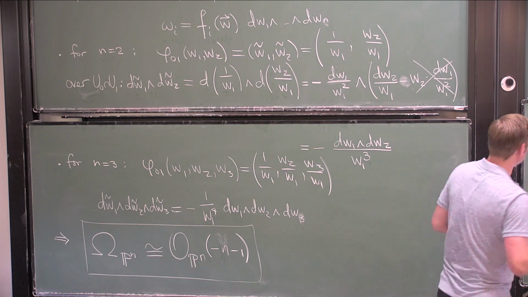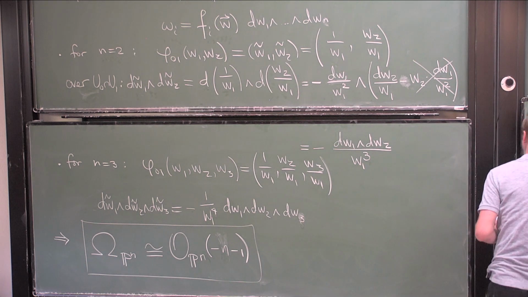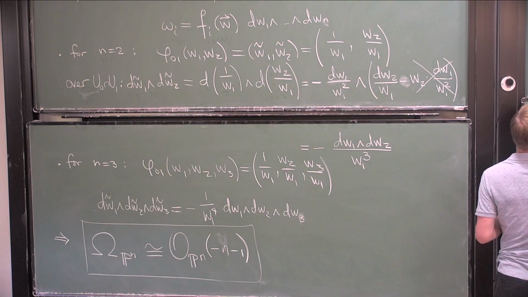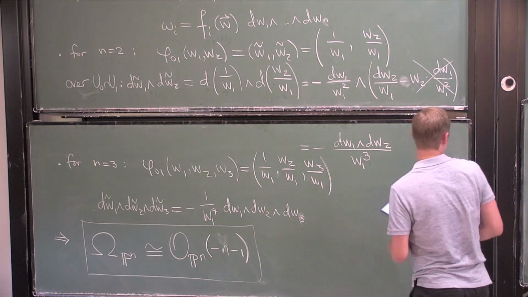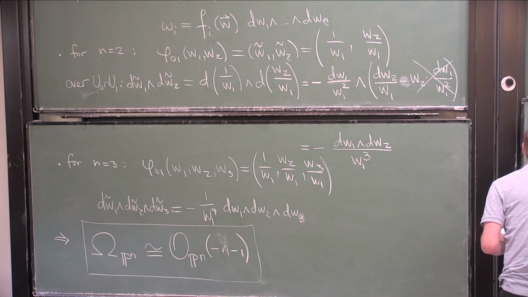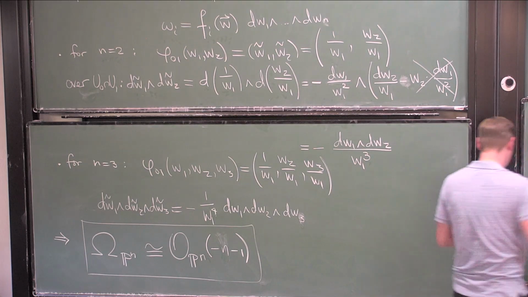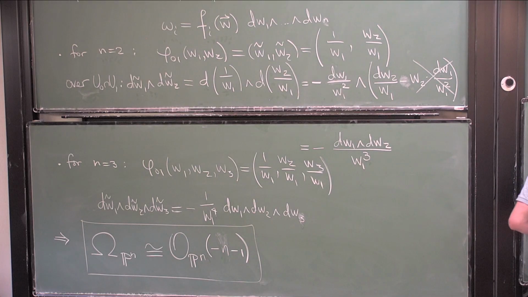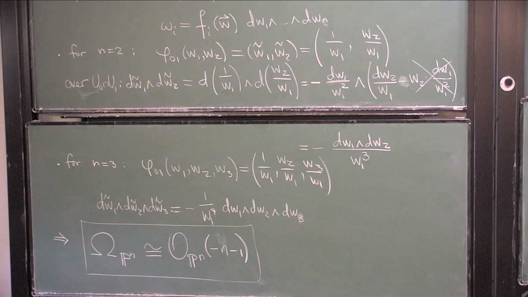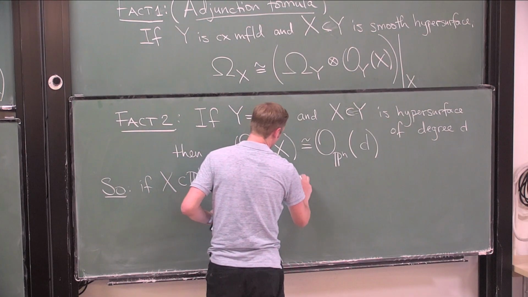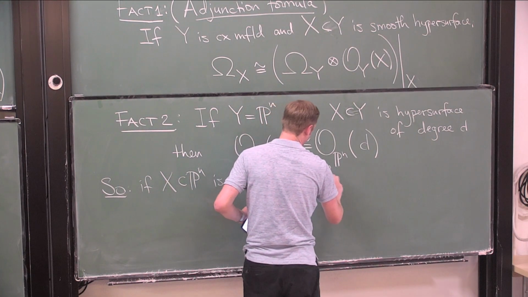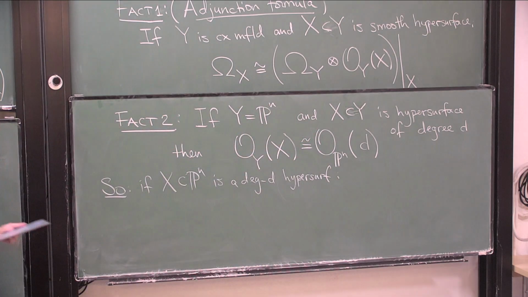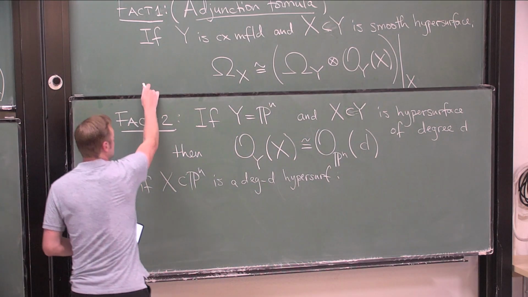Okay, so now I want to apply these two facts to our situation. In our case, if X in P^n is a degree d hypersurface, let's compute its canonical bundle. So let's just use these facts.